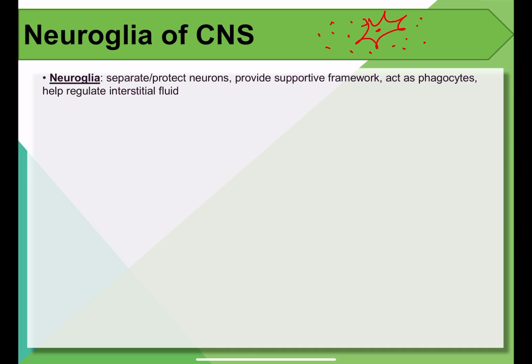Some actually act as phagocytes. So this is what I talked about in terms of having immune cells within the central nervous system. And then they also help regulate interstitial fluid. A very important interstitial fluid within the nervous system is your cerebrospinal fluid. And I'll talk about cells that are responsible for producing that and circulating that around your nervous system.